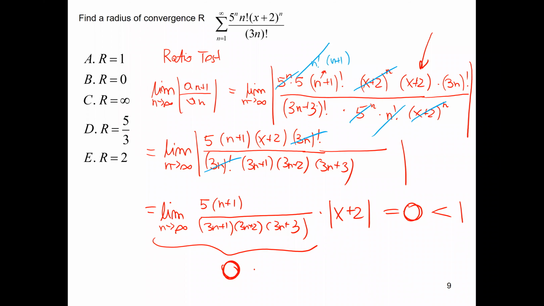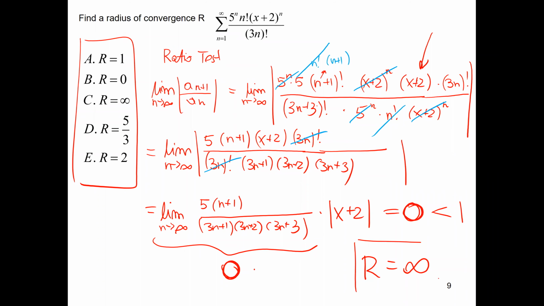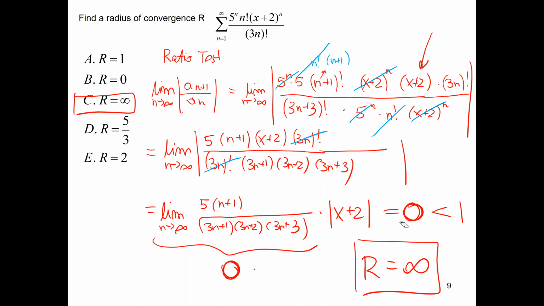That means having 0 in this type of question, what is the answer? What option will you choose? What is the radius of convergence? It's C, infinity. Thank you. As we can see, that's what sometimes we get confused about. If you're getting 0 by the ratio test, do not pick the radius 0.